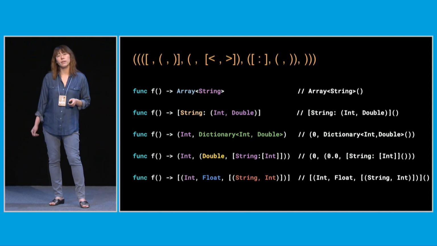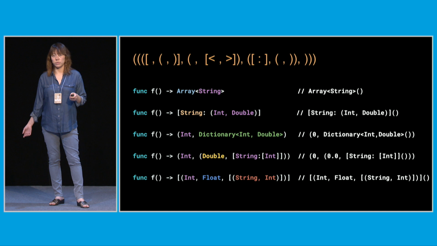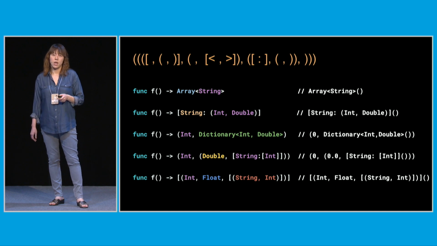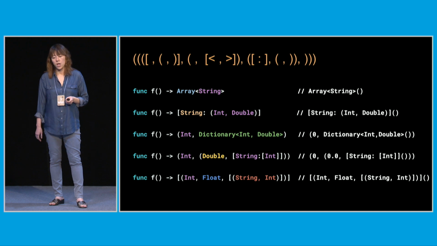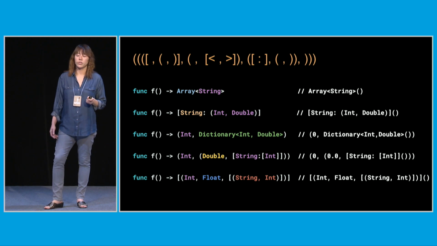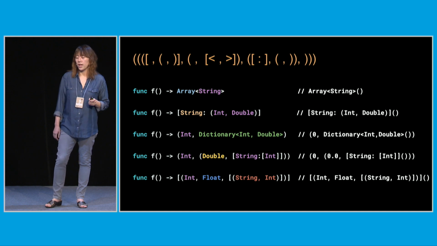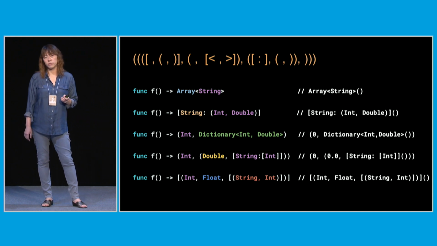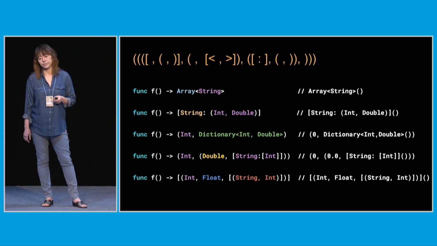It gets more tricky if you combine those nested tuples with collections. In the first example, we can just return an instance of array, and in the second one, an instance of dictionary. But in the third one, we need to return a tuple of int and dictionary. The default value for that is a tuple of 0 and an instance of dictionary.